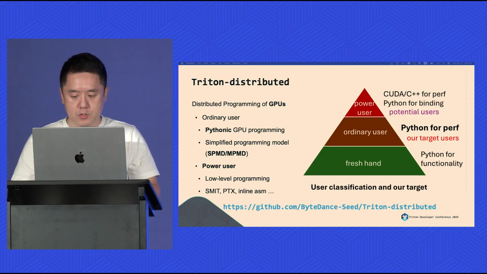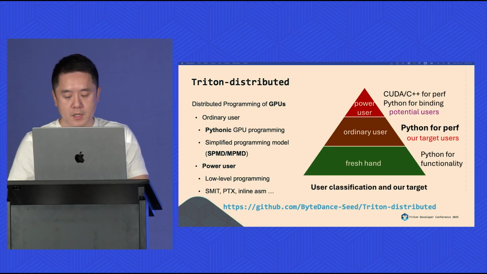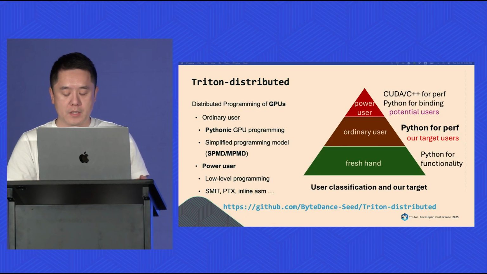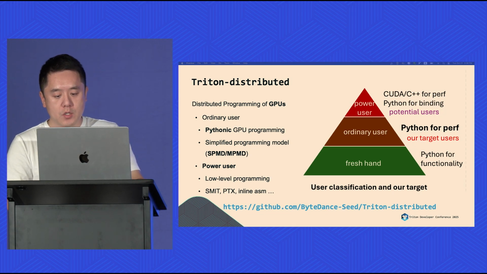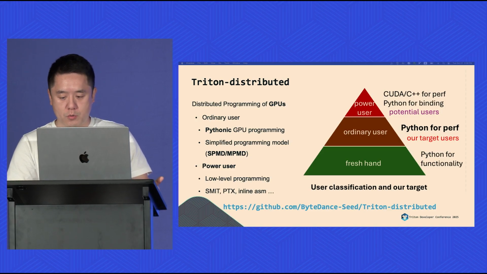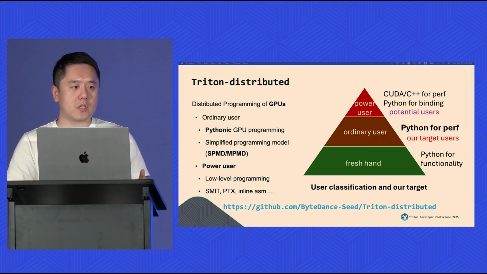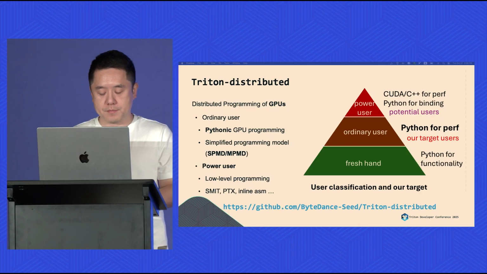Similarly, for Triton Distributed, we adapt the programming model for the distributed environment. We mainly target ordinary users who are familiar with Python programming and can directly use Triton and Triton Distributed. Power users who are experts in low-level programming, as we can see in previous presentations, may also use our compiler to reduce the development cost without hurting the performance.